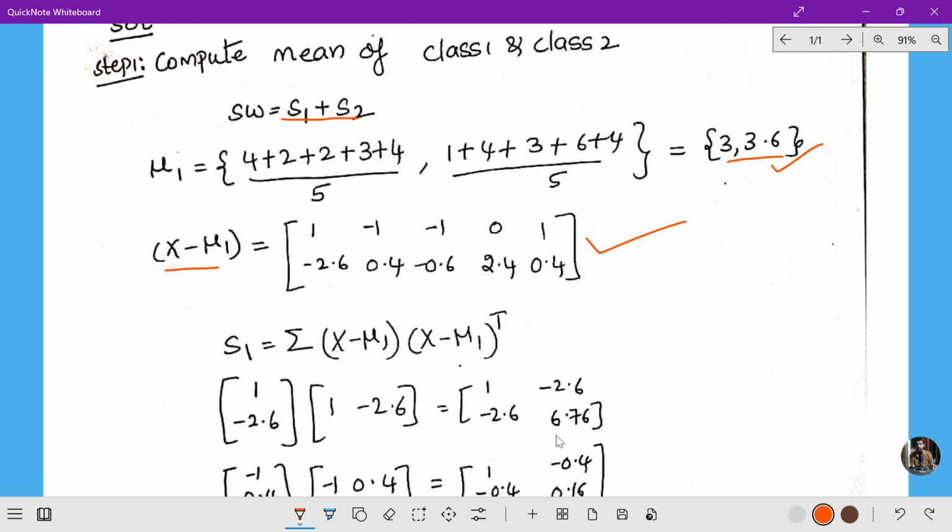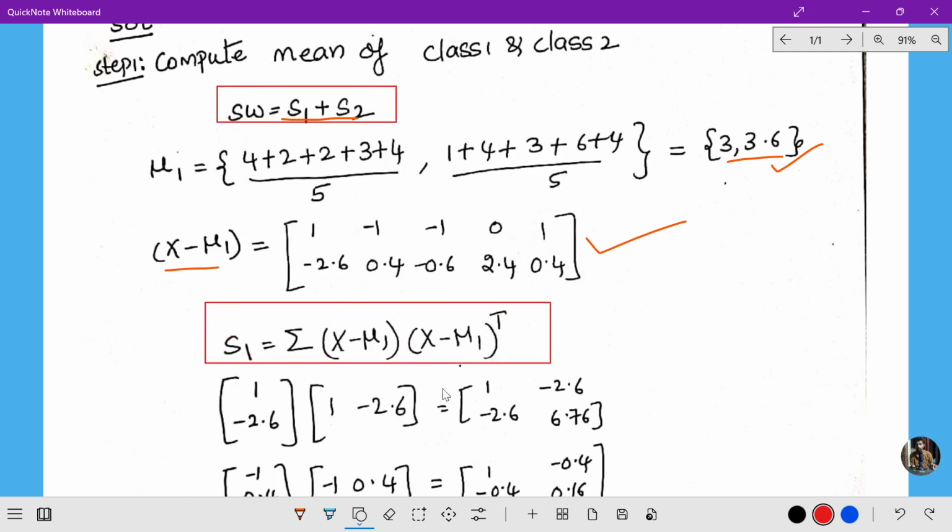remember here we are finding the value called SW, which is equal to S1 plus S2. In order to find S1 plus S2, the formula is this one. S1 is equal to sigma of (x minus mu1)(x minus mu1) transpose.